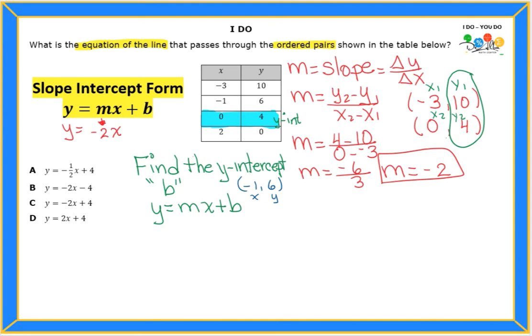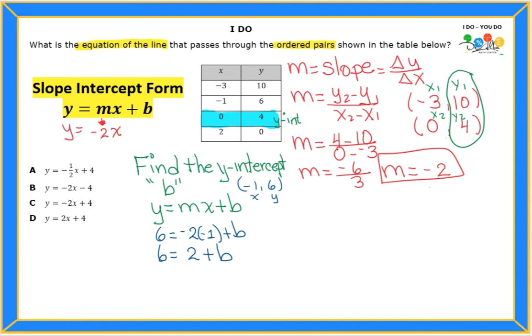Okay, so let's replace the values. y is 6, m is already -2, so I'm going to write down -2. I found it earlier. And x is -1, plus b. So -2 times -1 is actually +2 plus b.